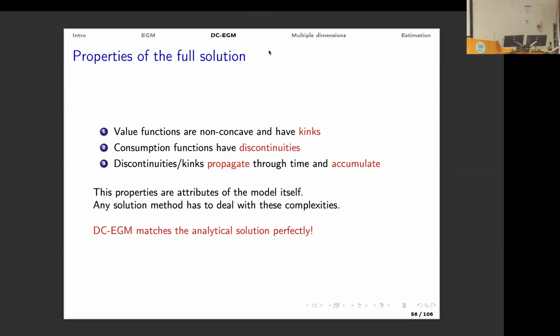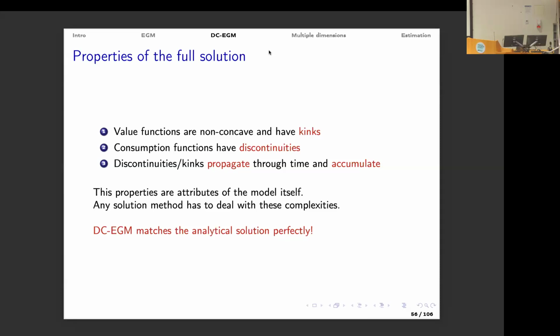Now, it's very important to highlight that the algorithm became complicated, but this is not because of the solution method. Every problem that has discrete and continuous choices combined, with, like we've discussed, the dynamic implications of the discrete choices, will have non-concave value functions, will have discontinuities in consumption rules, and kinks will propagate through time.